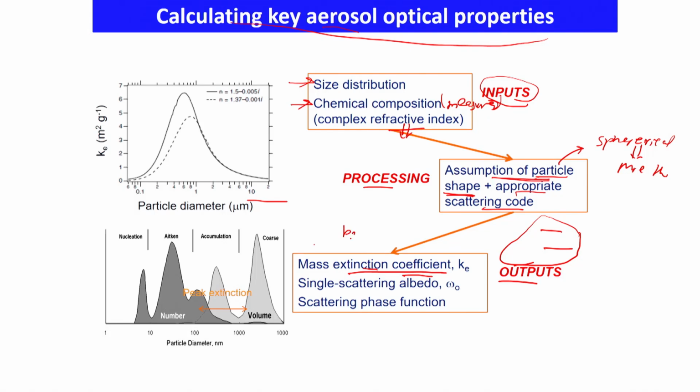You also need the absorption coefficient, and you need to know the scattering coefficient, and if you know these and you have already calculated this one, you will be able to calculate the single scattering albedo, because omega was nothing but b_scat divided by b_abs plus b_scat. Okay.